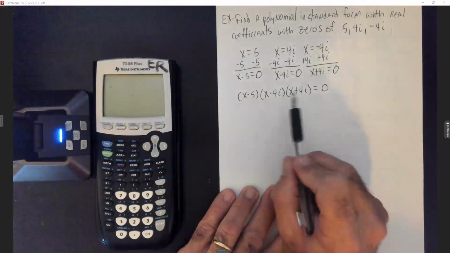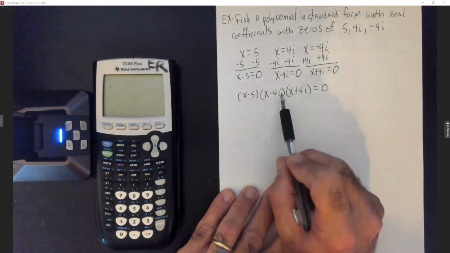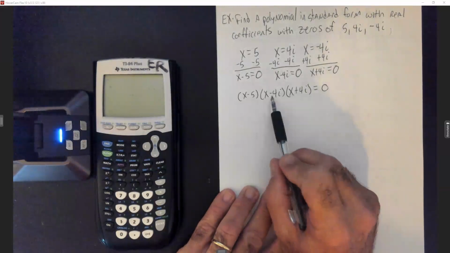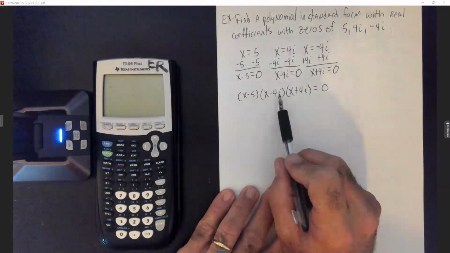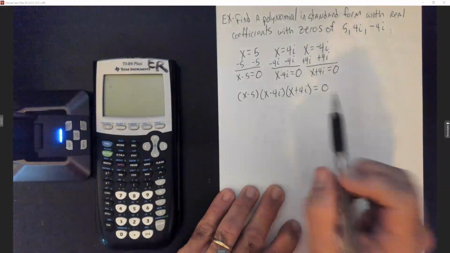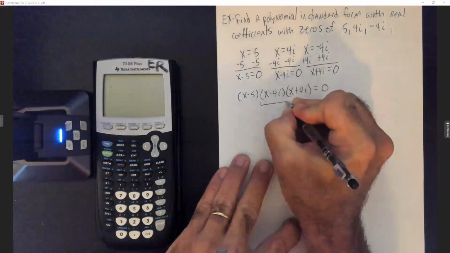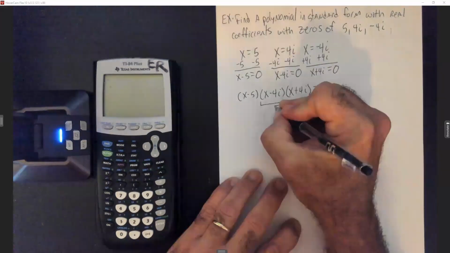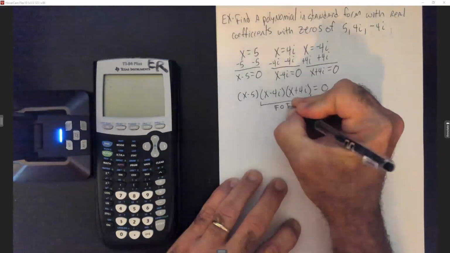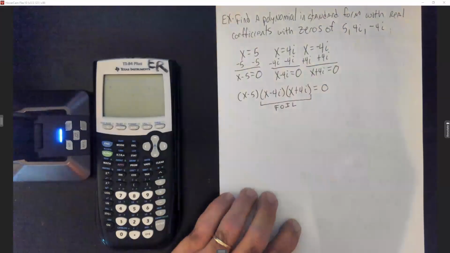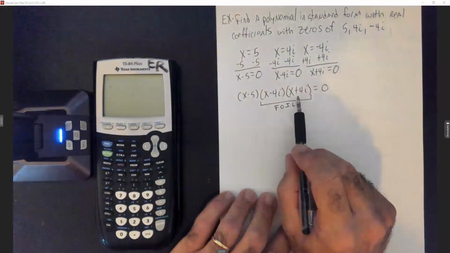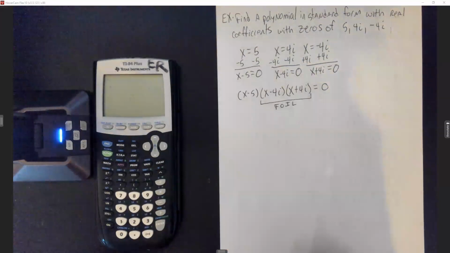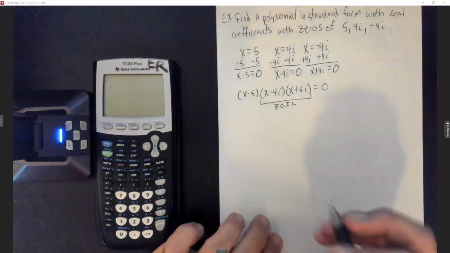Anytime you got imaginary factors like this, a negative 4i and a positive 4i, these are conjugate pairs, and you always want to start with those conjugate pairs on these imaginaries. So that's going to be the first thing I'm going to FOIL, because if you FOIL conjugate pairs, it cancels out all the imaginary stuff when we're done, okay? So watch how this is going to happen.